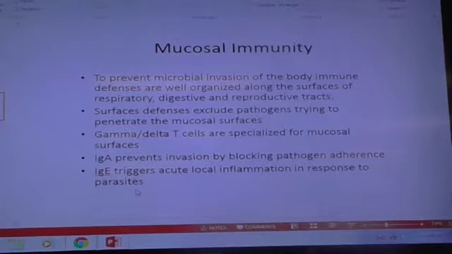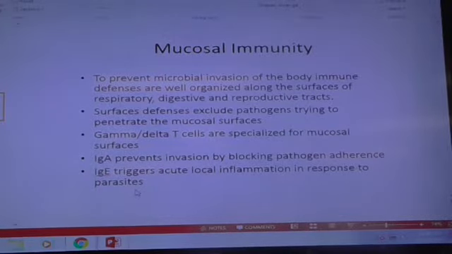This histamine increases vascular permeability, dilates the blood vessels, so a lot of fluid comes into the intestine, and then it constricts the smooth muscles of the intestine. So there is increased peristalsis, and the animal is now trying to throw out that roundworm from its intestines. A lot of fluid, and then contraction of the smooth muscles, increased peristalsis. So that's how IgE is acting on the mucosal surfaces.